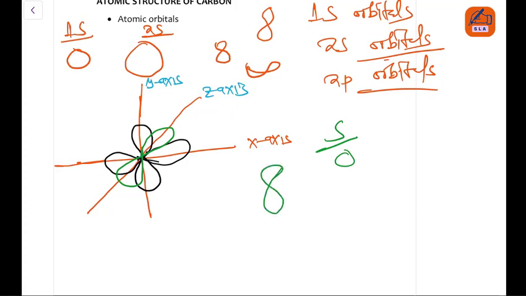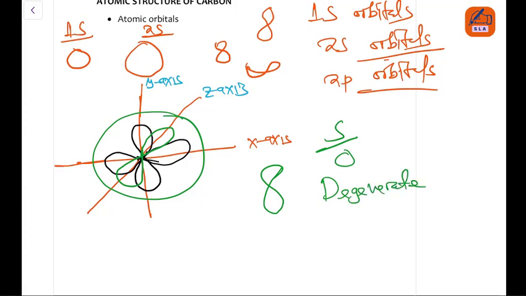Within one shell, they are called degenerate orbitals and they have the same amount of energy. For example, these 3 orbitals have the same amount of energy. They are called degenerate orbitals.